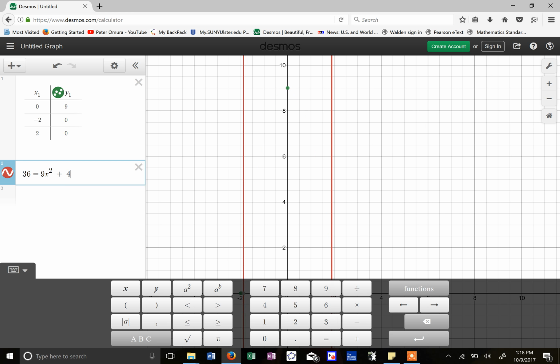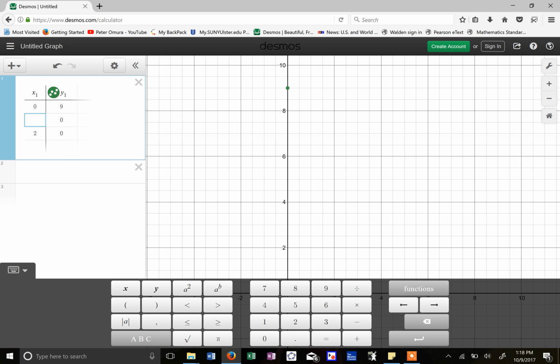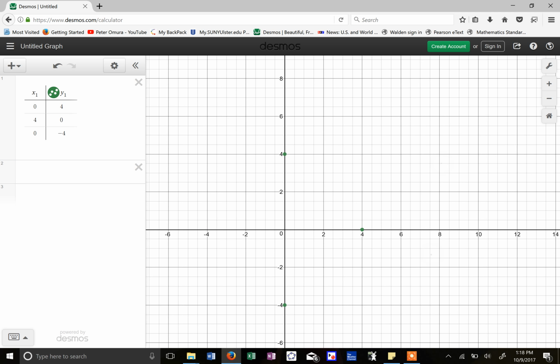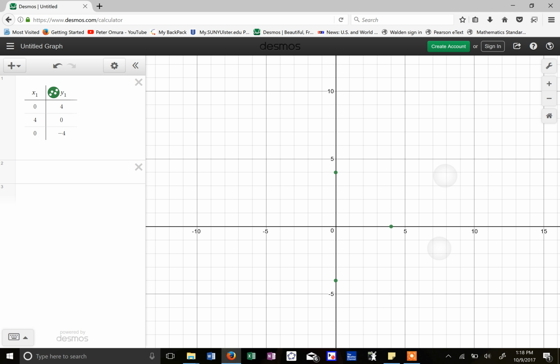Let's see, I have 4, 0. I have 0, negative 4. And I also have 0, positive 4. And let's see, if you take a look, it kind of looks like this.